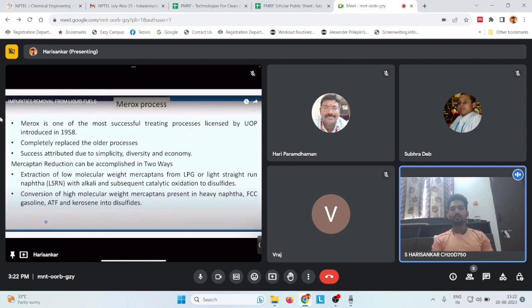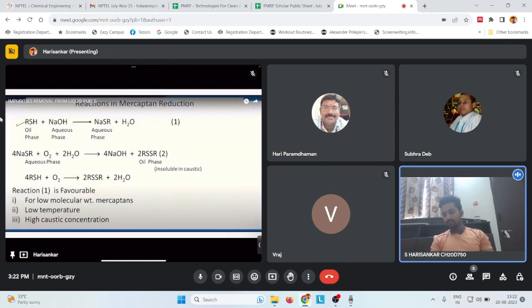And then the final treatment, which is one of the widely followed treatments, is the Merox process. The Merox process is one of the most successful treating processes, licensed by UOP in 1958, and this completely replaced the older processes like the caustic wash, doctor treatment, and so on. So just see how the Merox process basically reacts.